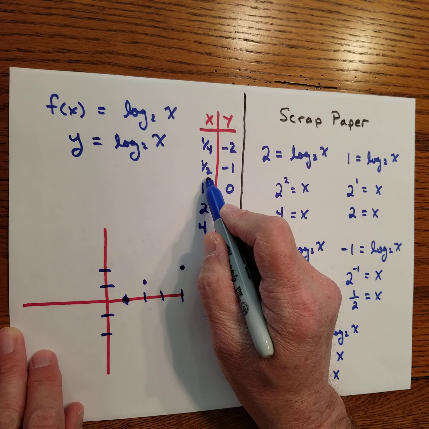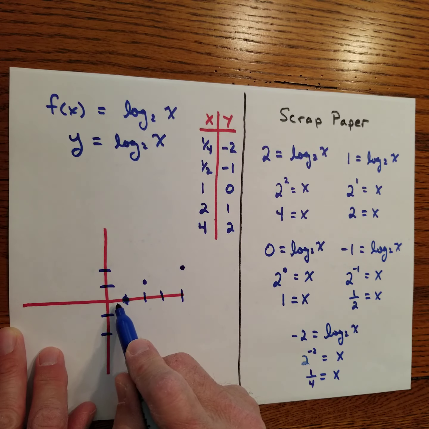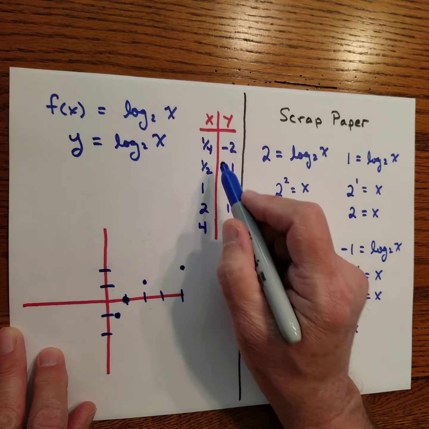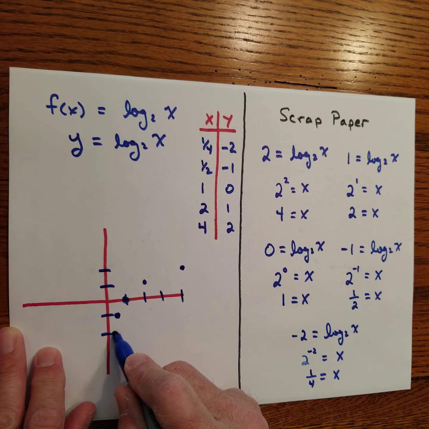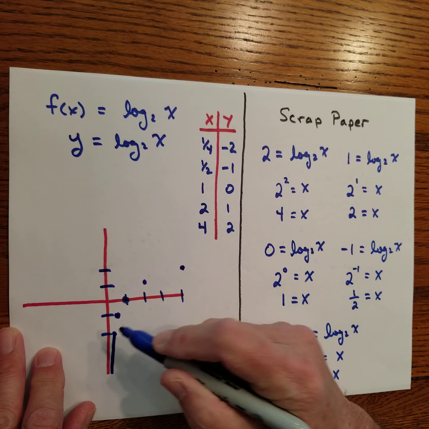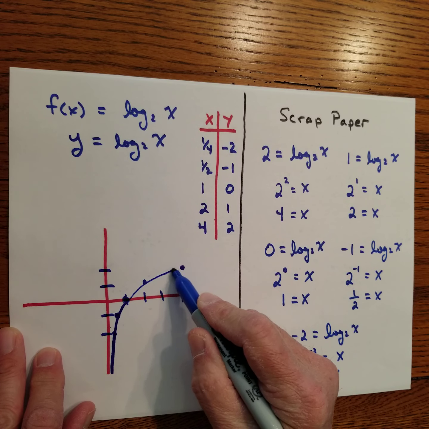When x gets close to 0, y comes down to -1. x is 1/2, y is -1. And when x gets even closer to 0, y comes down to -2. Let the y-axis be your asymptote. Don't touch it, but get very close to it, and then you curve away.